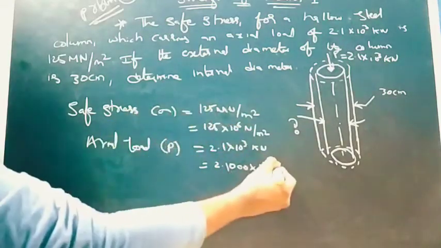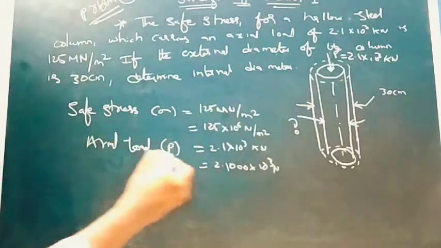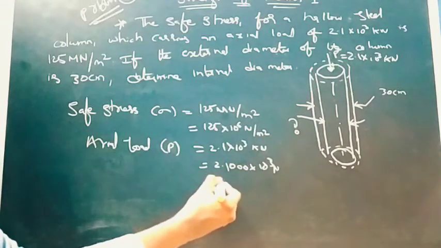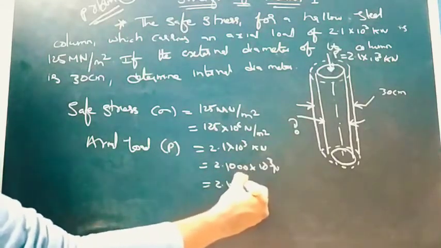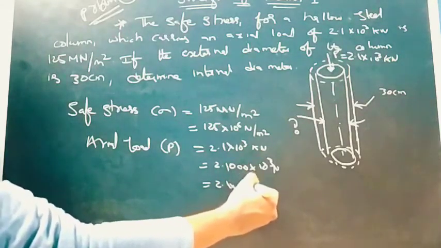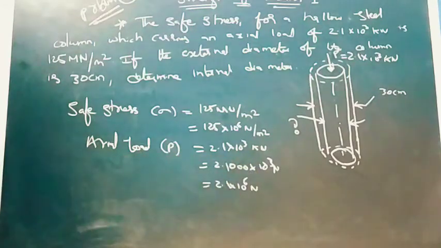We convert kilonewton into newtons, so it becomes 2.1 into 10 to the power of 6 Newton.